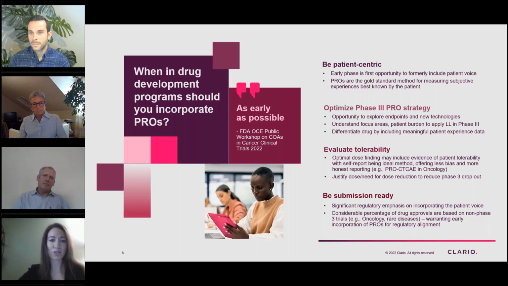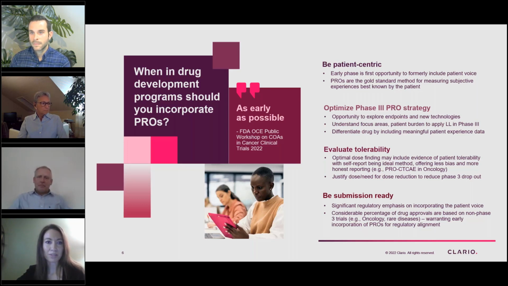Will they be able to take care of their family? So it's extremely important to incorporate things such as COAs, patient-reported outcomes, to really understand how the patient's feeling. So incorporating COAs early in study development gives the patient that avenue to tell us how the treatment is really impacting them from the very beginning.